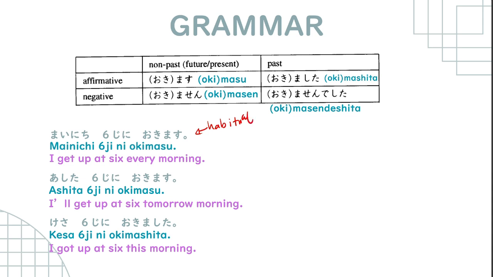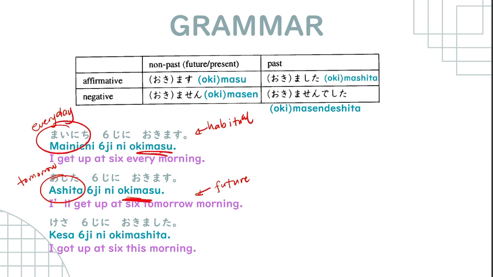Habitual, right? And then we have 明日. 明日 means tomorrow. 毎日 means every day, right? 明日6時に起きます. So as you can see here, they have the same tense, okay? 起きます. So this one is future, but they use the same tense.